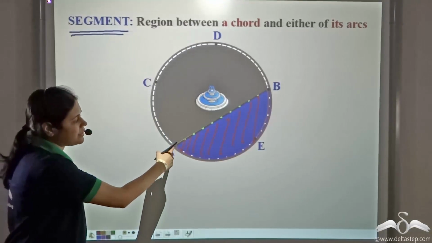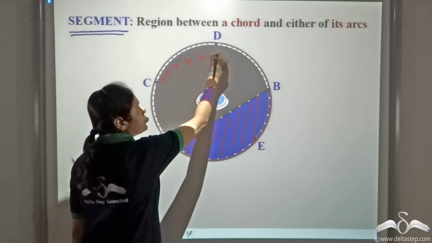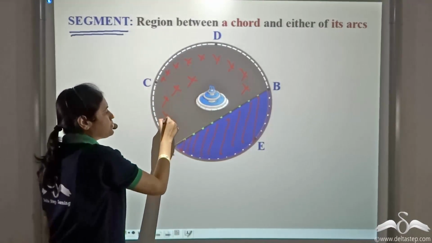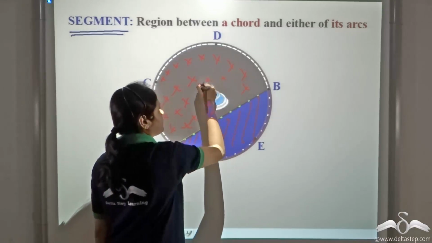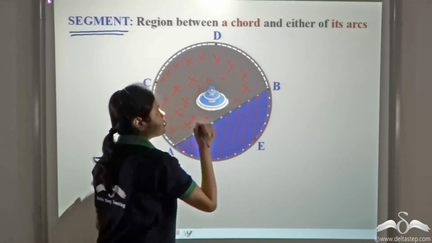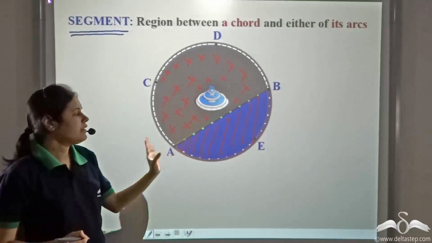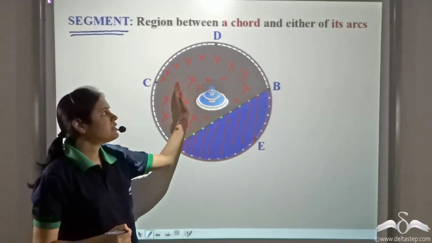Now observe that even this region is a segment of a circle. This region is also the region between chord AB and major arc ADB. So even this is a segment.